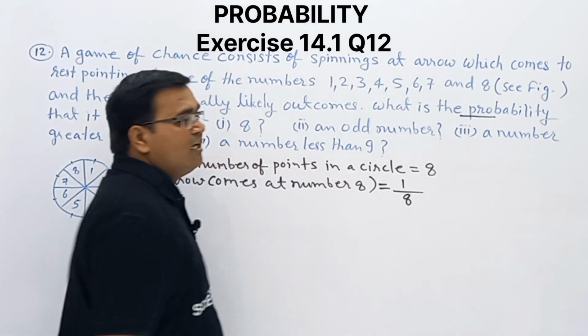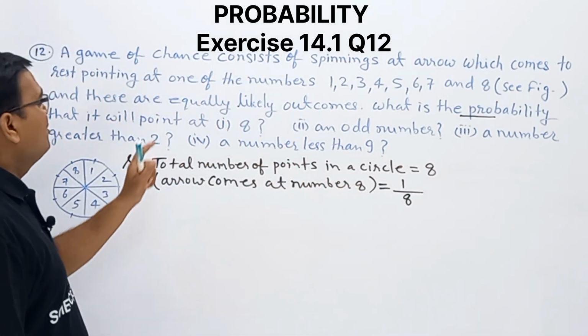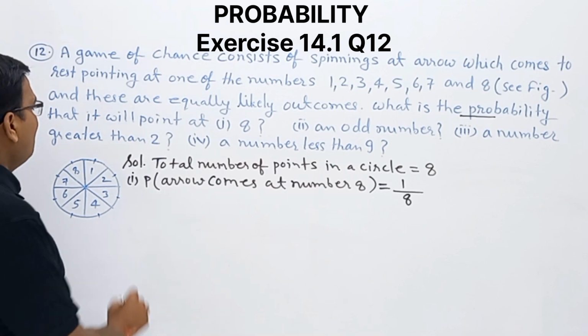So 1 upon 8 is the probability of the arrow coming at number 8. This is the answer to the first one. Clear? Now the second one.